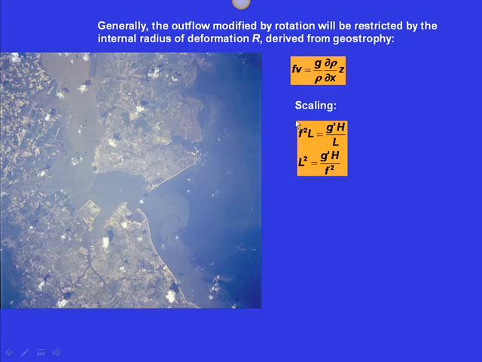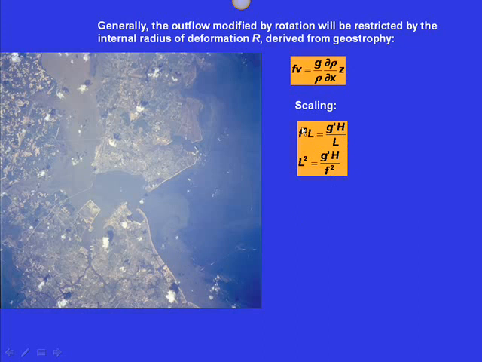So the acceleration term can be scaled like that, where L is the length scale that restrains or constricts this flow. And then on the right hand side, you have g prime, which is g delta rho over rho. This delta x is the length scale that we're talking about, and this z can be scaled by the depth of the water column.